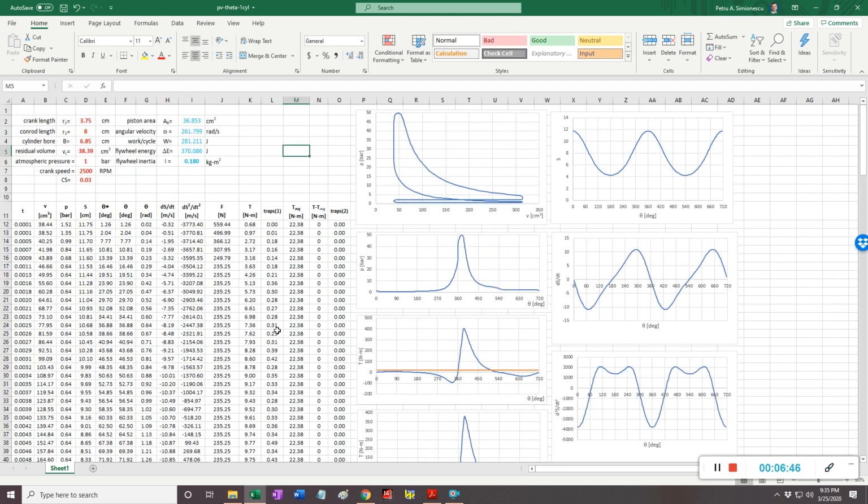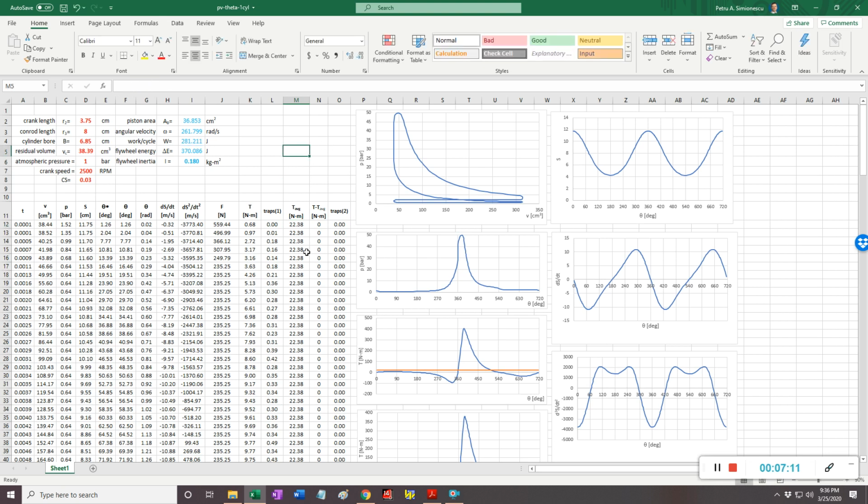So the sum of, where's the average? The average, okay, work per cycle W will be the sum of trapezoids, and then the average would be the work per cycle divided by the length of the cycle, 4 pi.